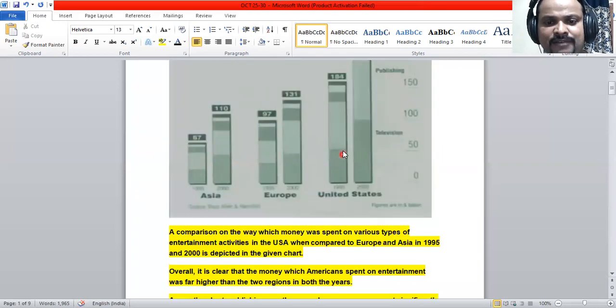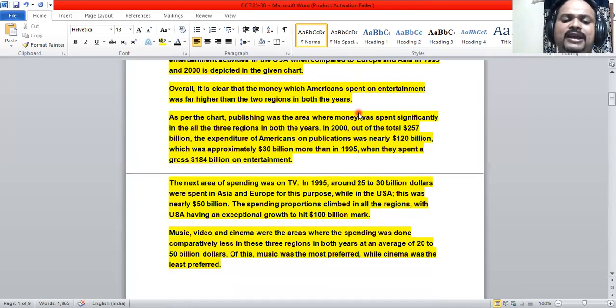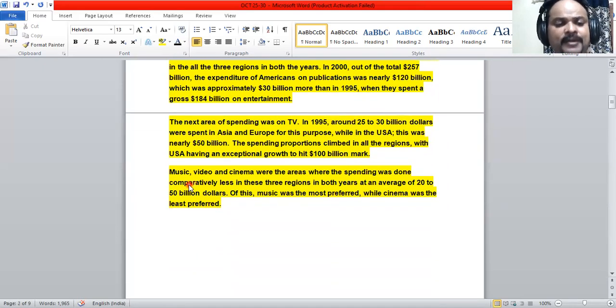You can see that from 50 to 100, everywhere we can see a significant increase in the case of TV. Now we can see the insignificant figures in Asia, Europe, and the United States in the case of video, cinema, and music. This is what we have presented in the third paragraph.